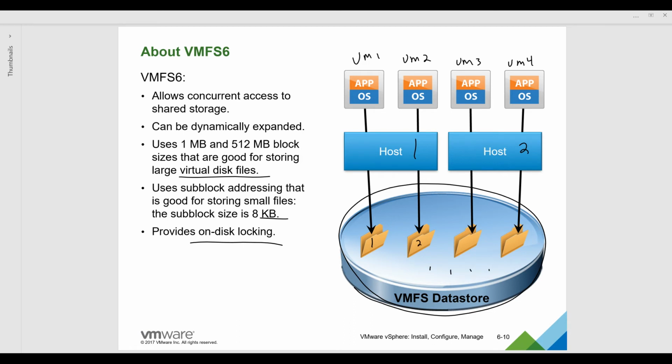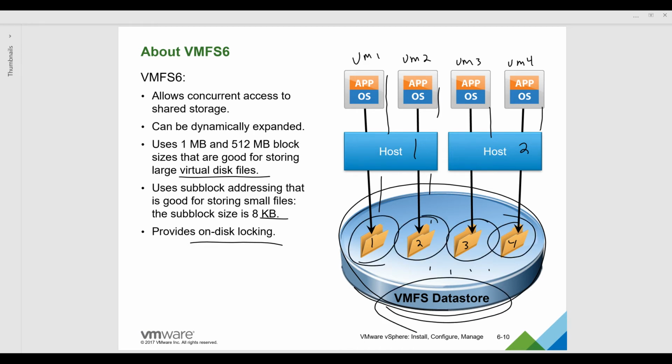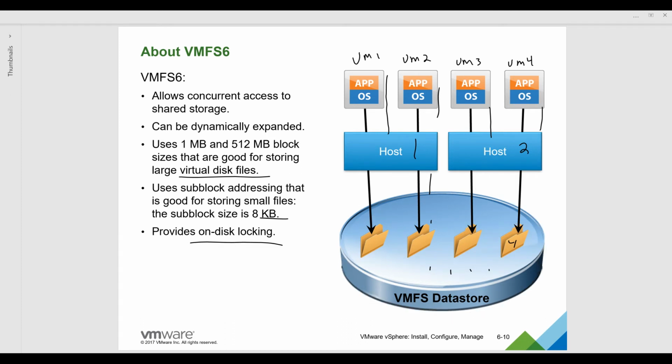So we have VM1 and VM2's files on host 1, VM3 and VM4 on host 2. But as you'll notice, each VM has its own set of files within this VMFS datastore, which is shared.